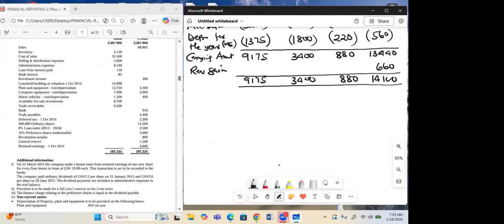So when you add all those values, the total is 27,555. So has it balanced now? Balanced. So that's what we put in the PPE.